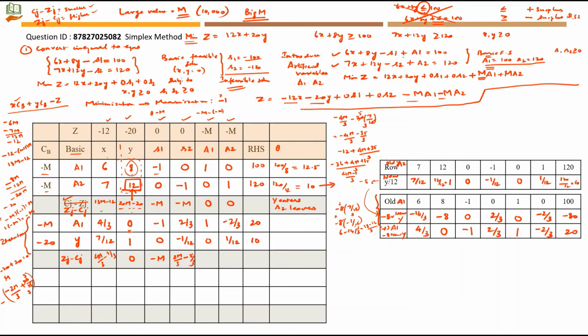So this is going to be minus m and this is going to be another minus m. So minus m plus m will give you 0 here. Then the same fraction with the exchange of symbol. It is minus 2 by 3 into minus m will give you 2m by 3. Then 1 by 12 into minus 20 will give minus 5 by 3.